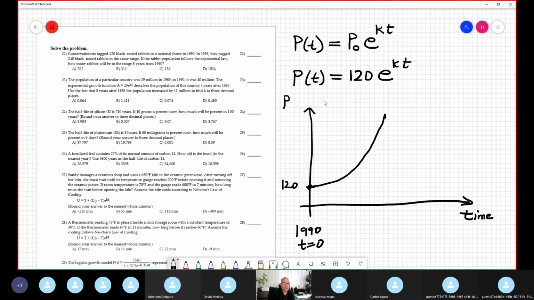In 1993, which is 3 years, is t equal 3. T is measured in years, no problem. We have 240. Whoa, it was increasing too fast. 240 is double.